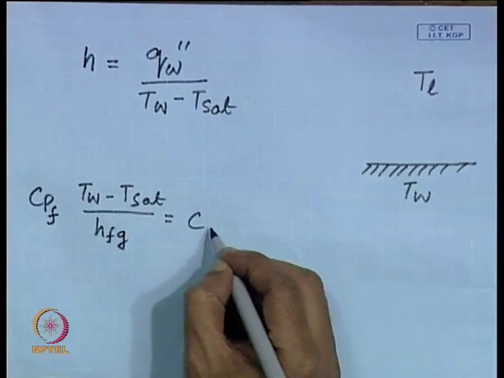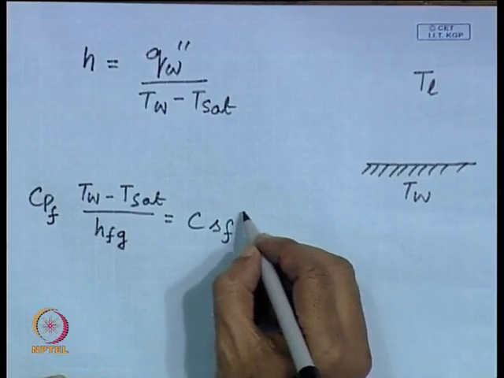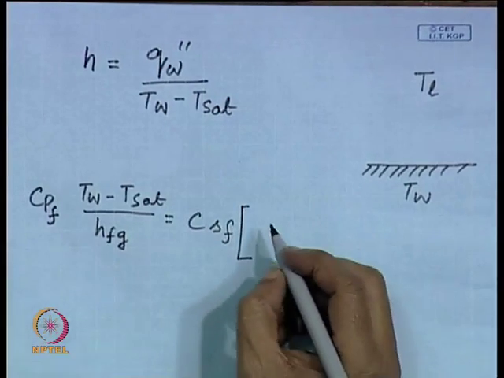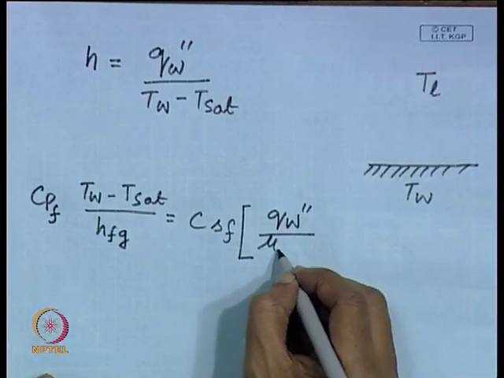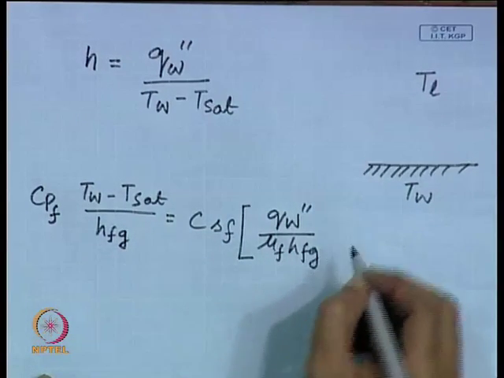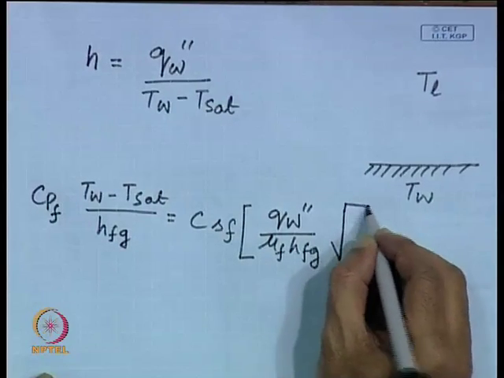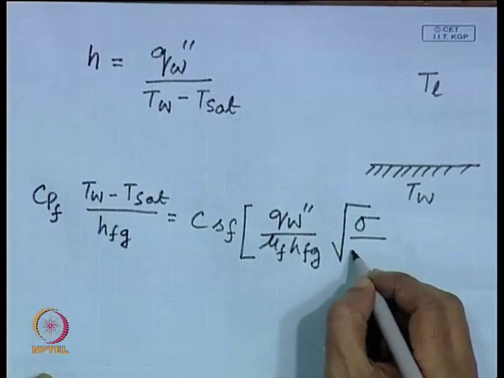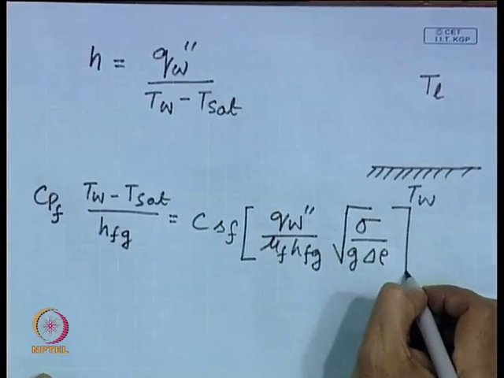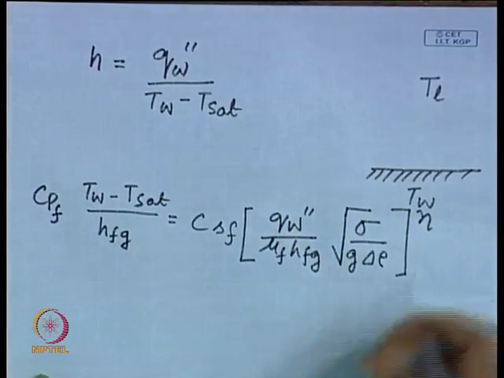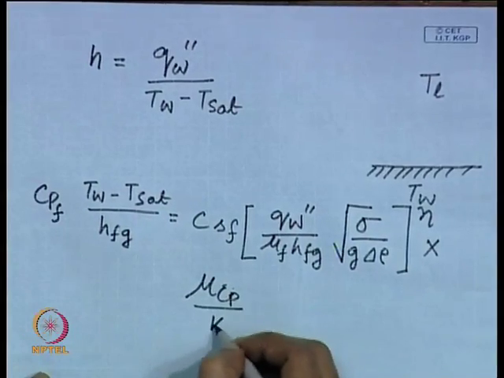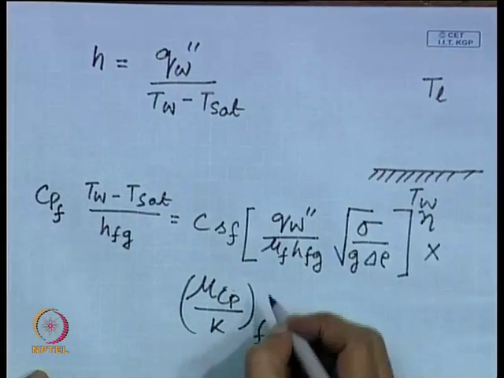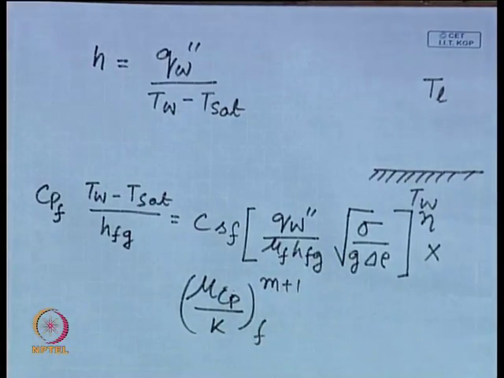So, this is equal to C_sf, within brackets, q_w divided by mu_f h_fg, times the square root of sigma by (g del rho), to the power n, multiplied by mu Cp by k, determined at the fluid temperature, to the power m plus 1. So, the last term, you can see, is related to the Prandtl number.